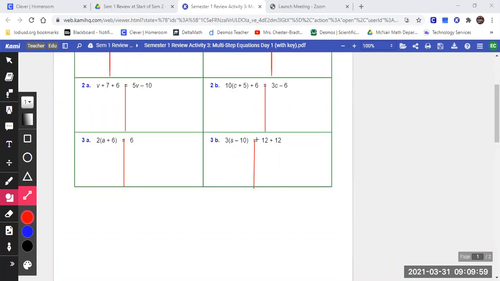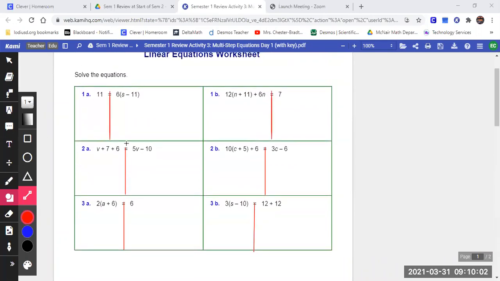All right. So before we get started with anything that has a number on the outside, we have to go distribute. What does that word distribute mean? What is distribute a fancy word for?